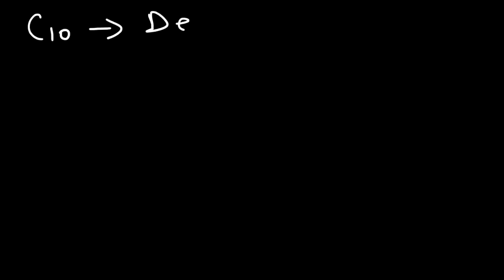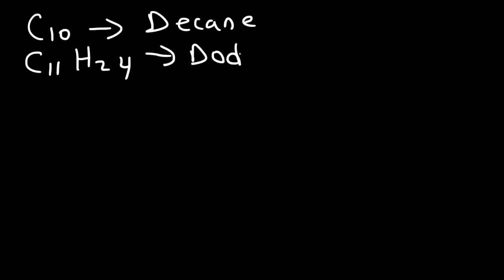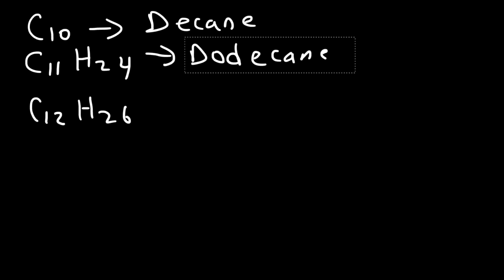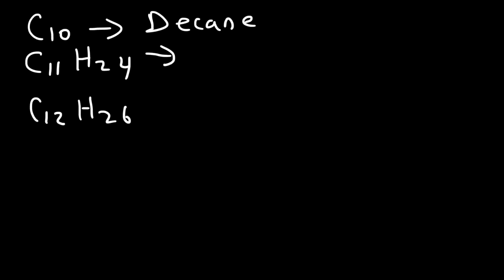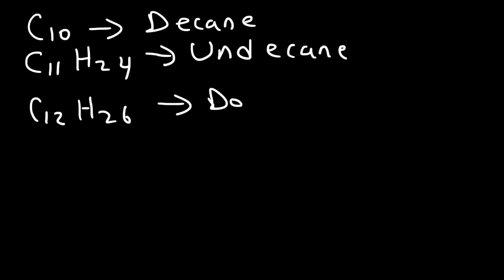Now for those of you who need to know the first 20, here it is. C11H24, this is known as undecane. C12H26, that's dodecane.